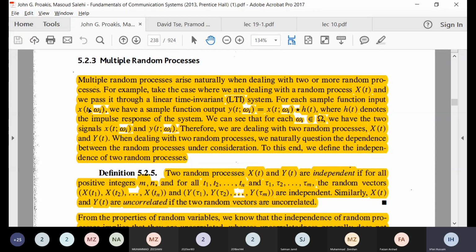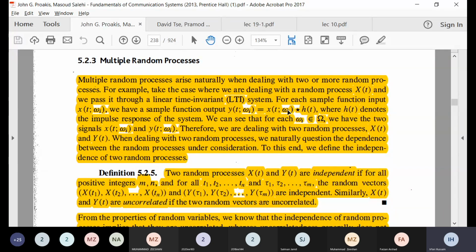So this is the input to an LTI system. Now what is the output? The output will be the convolution of this random process with the impulse response of your LTI system. In convolution you are integrating, flipping, and then summing over time.